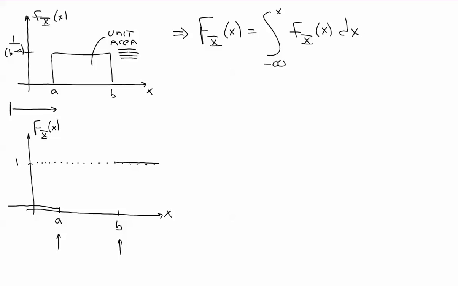Because of the nature of the uniform random variable, the area accumulates linearly from point A to point B as we integrate from the left to the right. That's the curve for my uniform random variable cumulative distribution function. I can write it down functionally as follows.